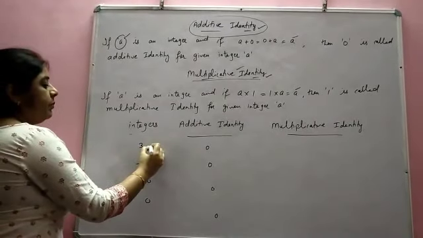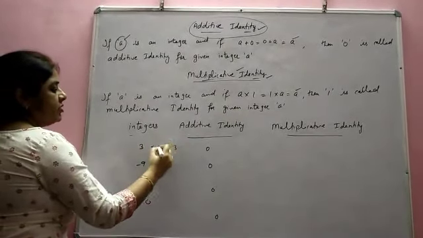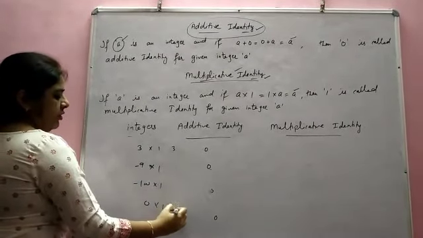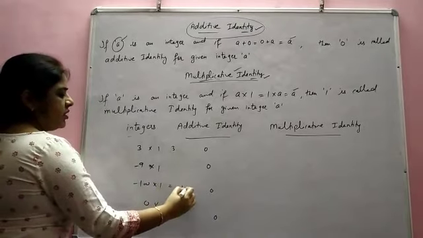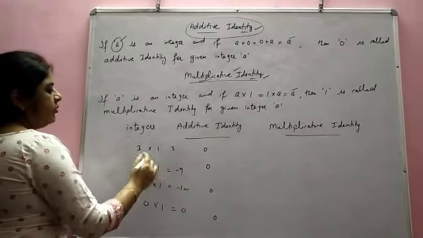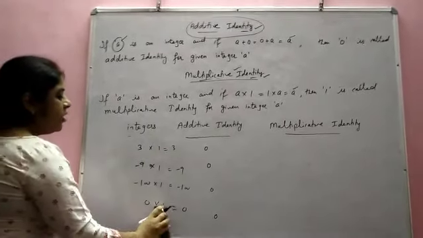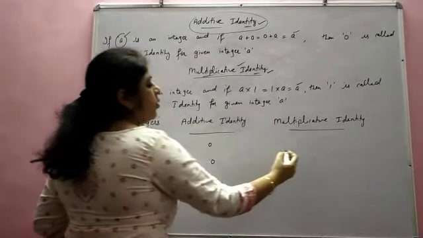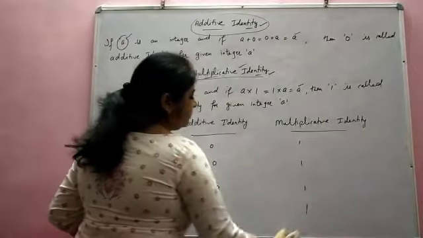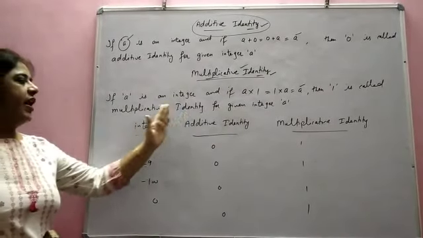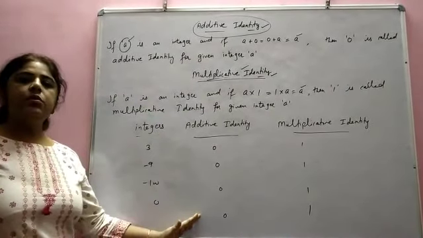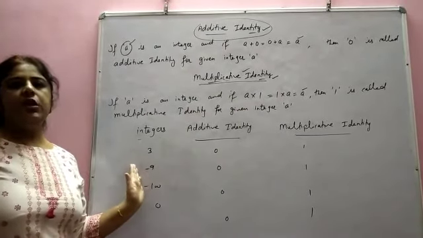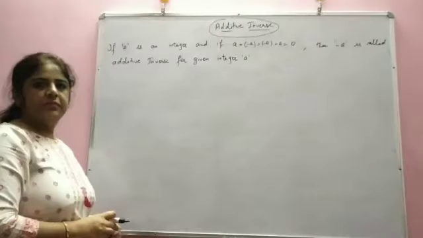What should be multiplied to these numbers so that it will not affect its value? Obviously 1. It will give 0 only, minus 100 only, minus 9 only, 3 only. So, for any type of integer, the multiplicative identity is always 1. So, additive identity is always 0 and multiplicative identity is always 1 for every type of integer.